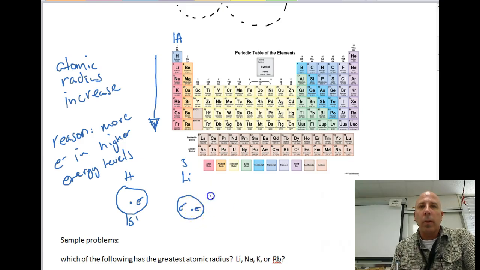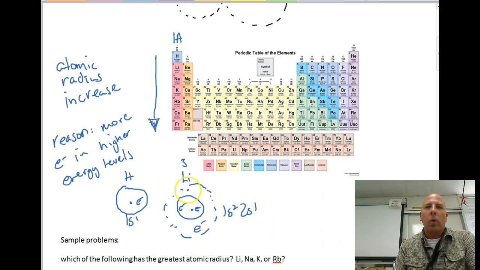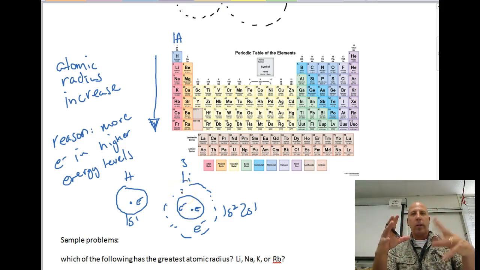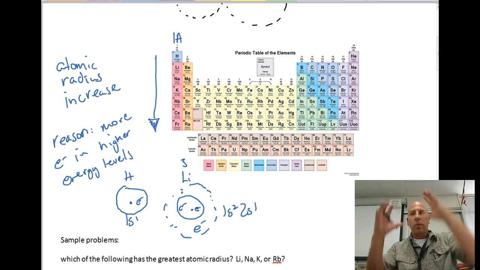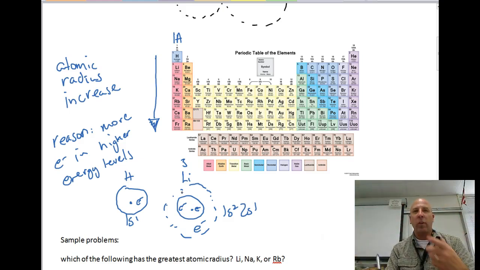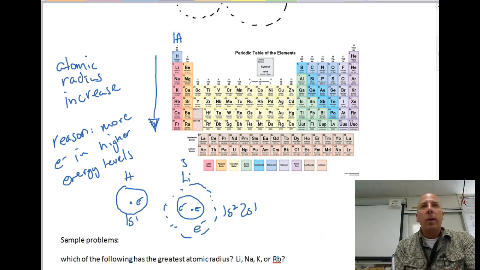There's 2 electrons, and then we'll have another orbital which is larger, with another electron. So those are 3 electrons, and we have now our 1s2 and our 2s1 orbitals for the lithium. And as we keep adding electrons at greater energy levels, next comes the p orbitals, and then you're going to come into 3s, and everything's going to get larger and larger. So again, the atomic radius is going to increase down a group.